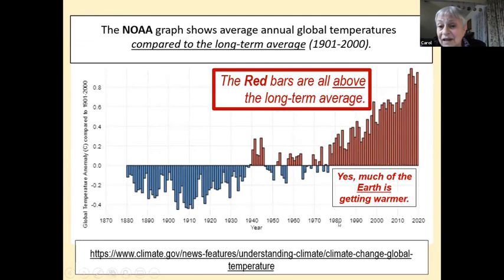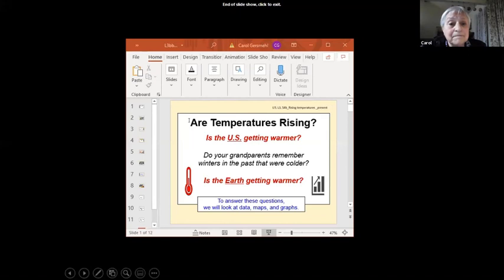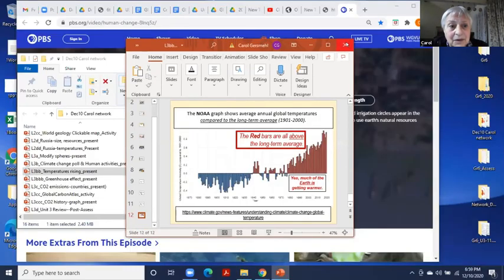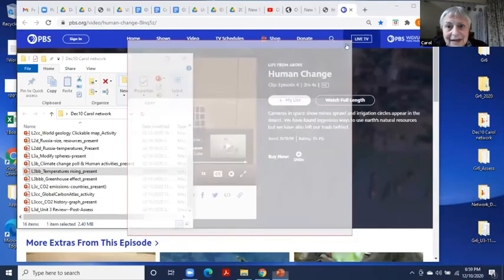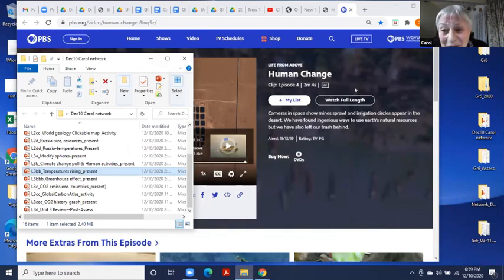They're in the 1980s, 90s, 2000 to 2010s, going up to present. And this says that the Earth is getting warmer. So, is that too controversial? I'm going to nose into one more thing.